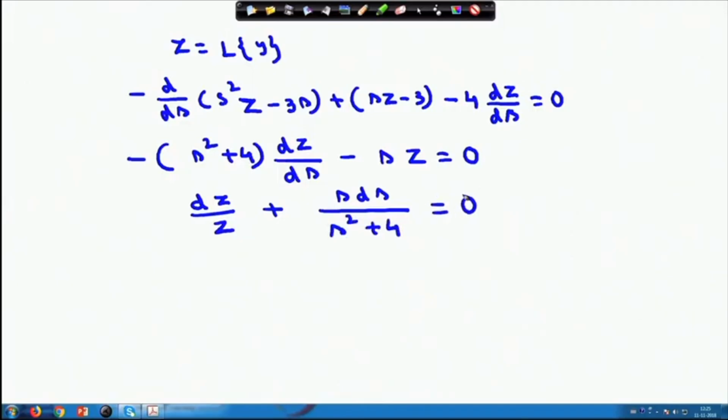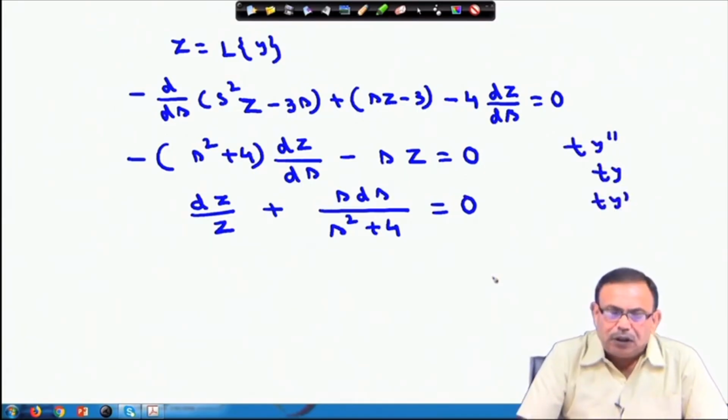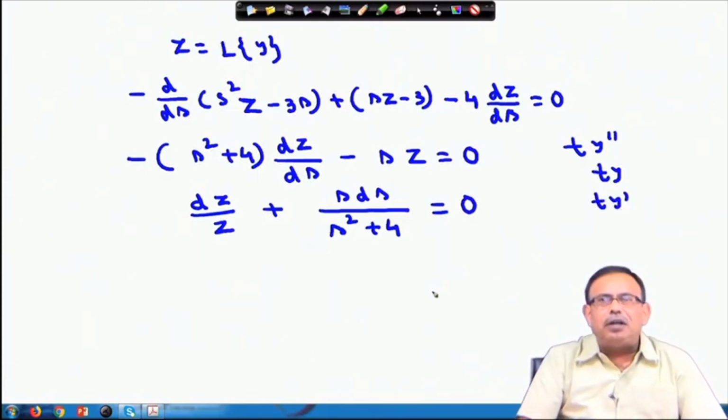So, effectively, whenever you have t into y double dash, or t y, or say t y dash, you do not get an algebraic equation, but you go back to a simplified ODE.